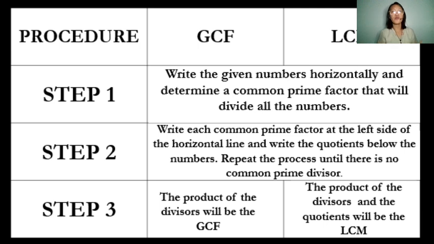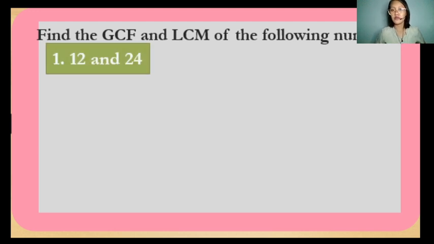So, syempre, kung words lang, hindi natin siya masyadong maiintindihan. So, para mas maintindihan natin siya, mas maging klaro sa atin yung process ng finding the GCF and LCM, let's put it in an example. Find the GCF and LCM of the following numbers. Let's start with two given numbers. We have 12 and 24.